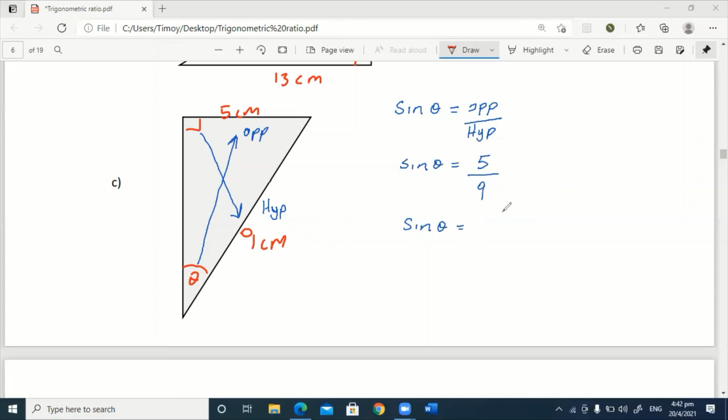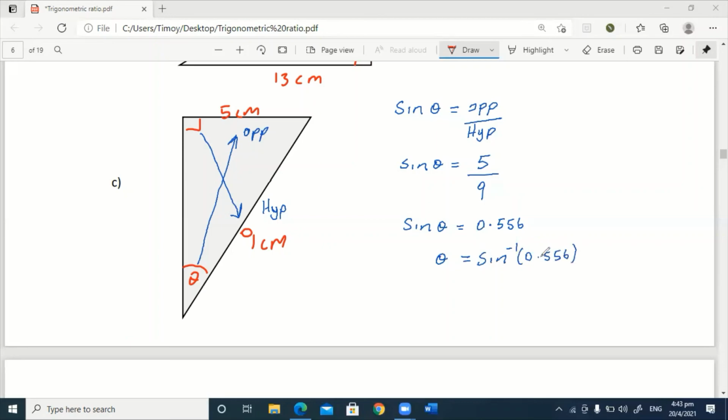5 divided by 9 as a decimal is going to work out to approximately 0.556, correct to 3 significant figures. Now to determine the angle, we need to use the inverse function. So here, theta is going to equal sine inverse of 0.556.